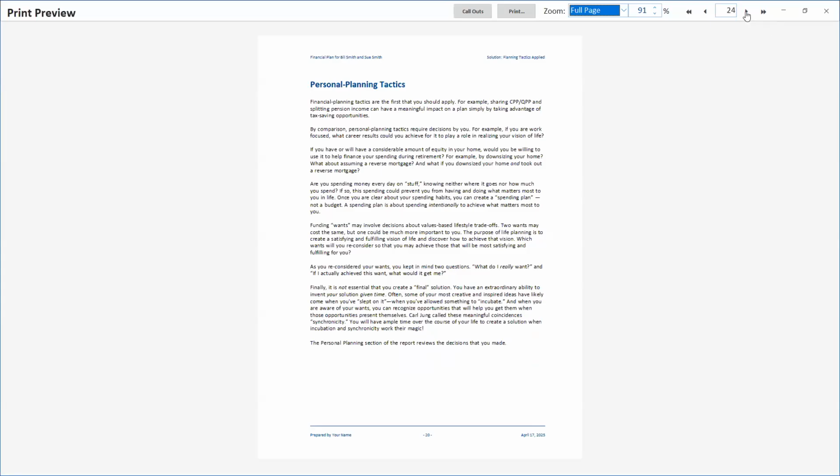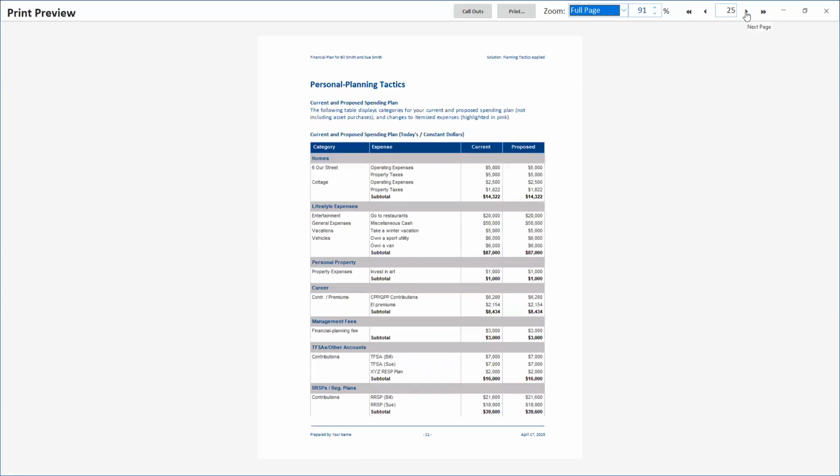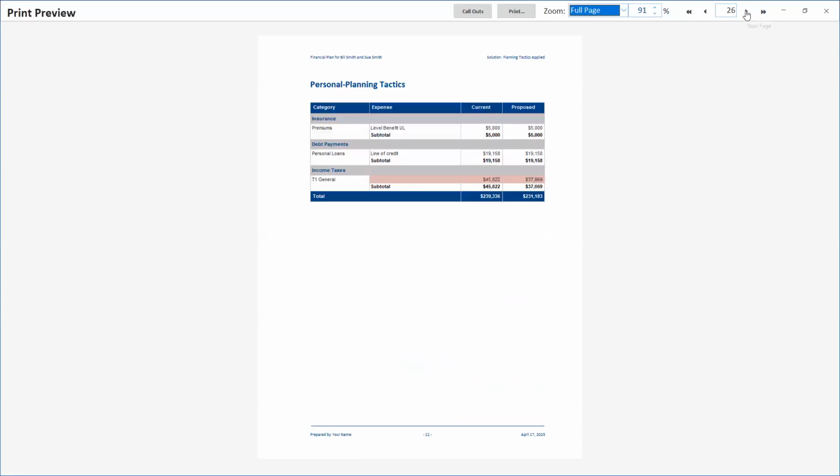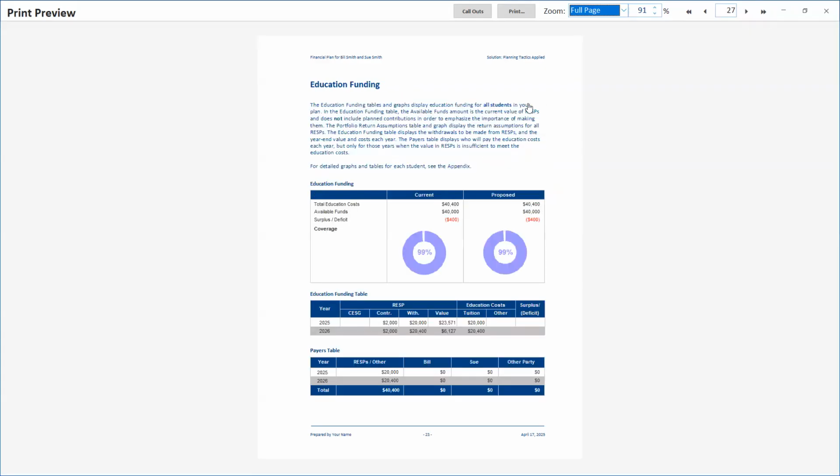They include things like working longer to meet needs, downsizing a home, taking out a reverse mortgage, and so on. In our case, there was lots of wealth, so we didn't have to do those things. But it does show a current and proposed spending plan. And you can see in this case, the only change, because we didn't do any lifestyle changes, is that we've reduced taxes from 45,000 down to 37,000 for the current year.